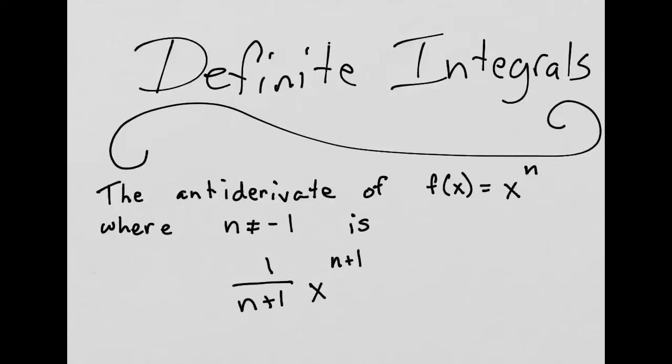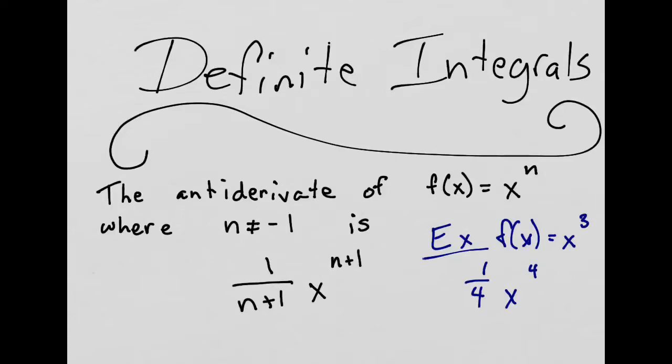For example, let's say that f of x is equal to x to the third power. Then the antiderivative would be x to the fourth power, and then you divide the constant out by 4.